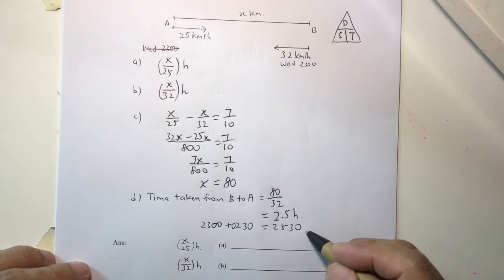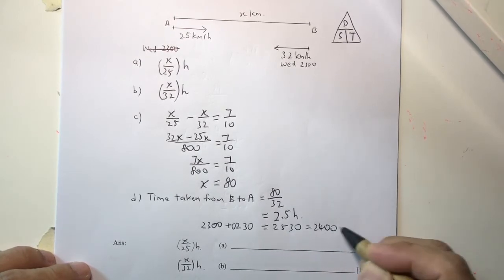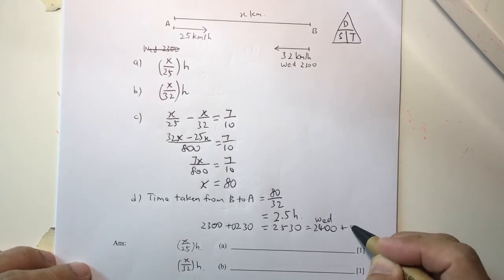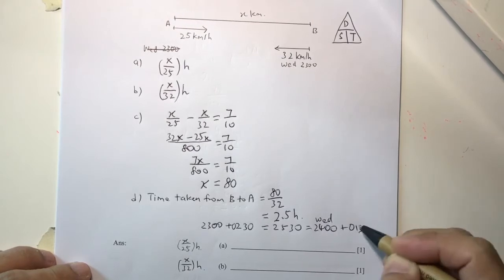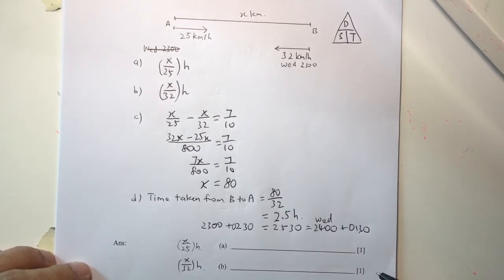And that is actually, 2400 hours is one day, which is Wednesday, and 1:30 is the next day. So his day of arrival will be Thursday at 1:30 a.m.